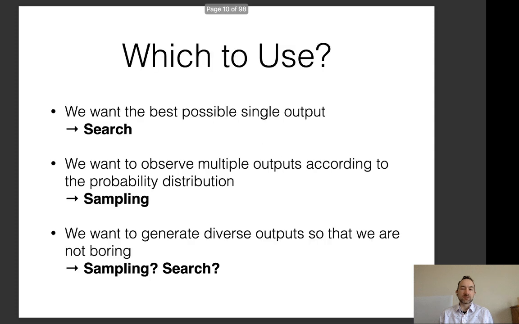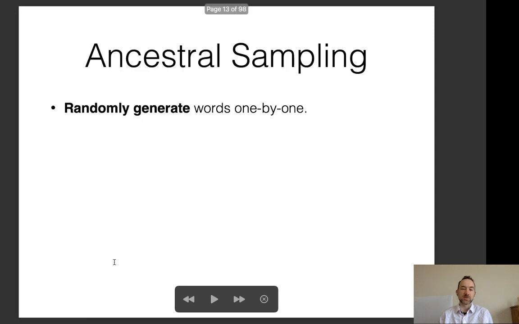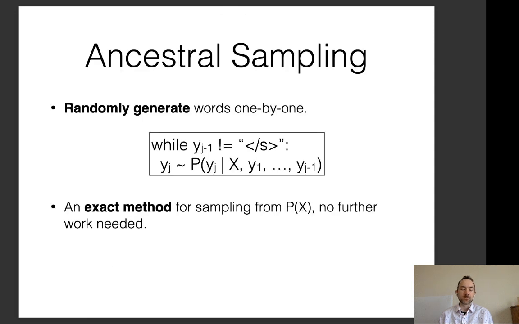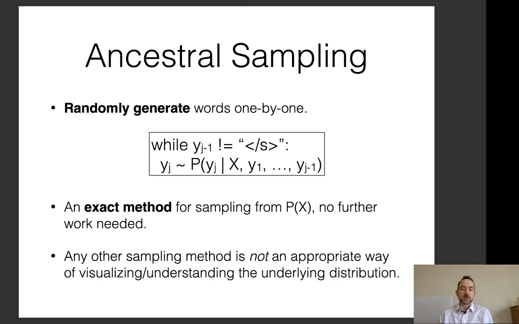Notably, I talked about several reasons why you might want to do something like this, and this is sufficient for the second reason why we would want to be doing some sort of generation. It may or may not be sufficient for the third reason, where we want to generate diverse outputs. I'll talk a little bit more about that later.